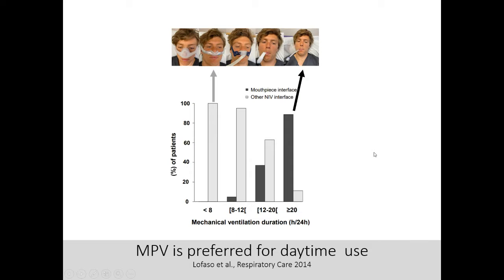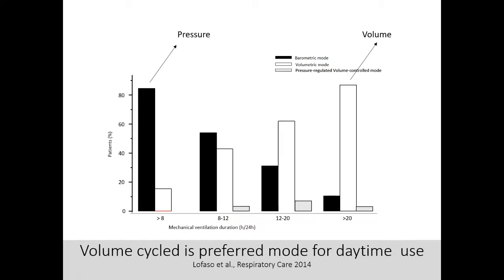Here to show you that the mouthpiece is the preferred interface for daytime use. You see clearly that when patients have increasing use of ventilation during the 24 hours, when they need ventilation more than 20 hours, the big majority of them prefer the mouthpiece.